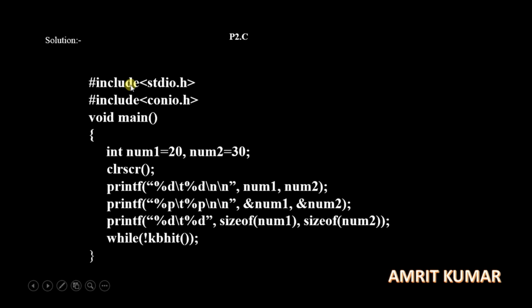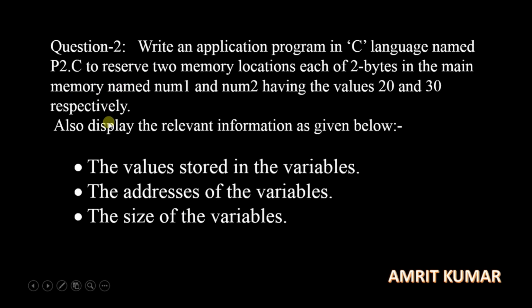What we have just done here is write an application program in C language, p2.c, to reserve two memory locations. The memory locations are variables named num1 and num2, whose values are going to be 20 and 30.